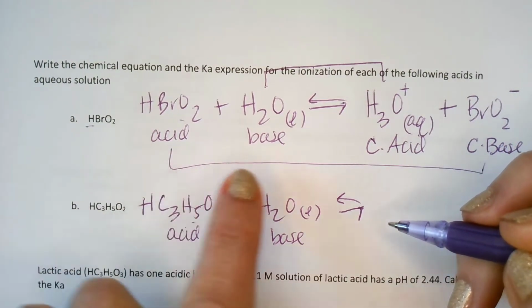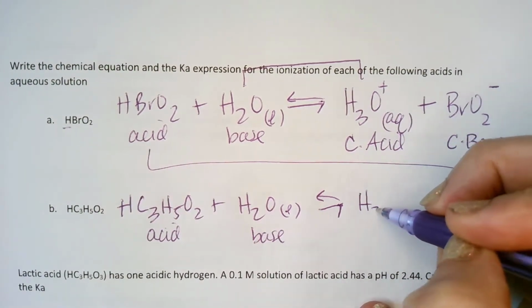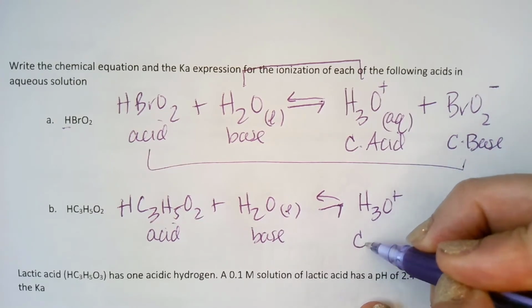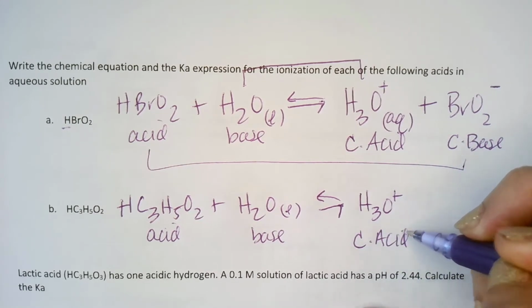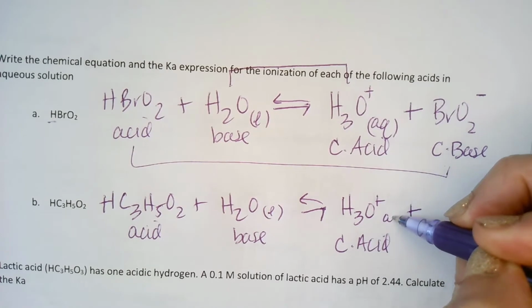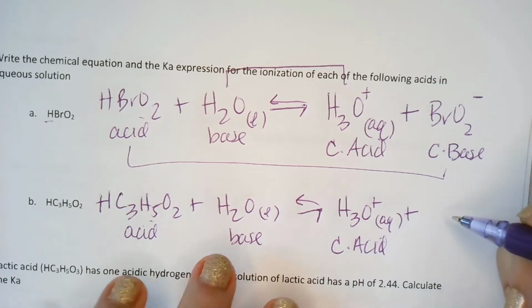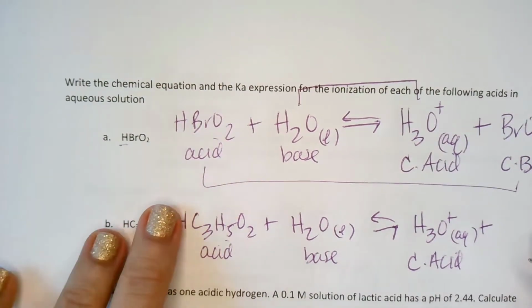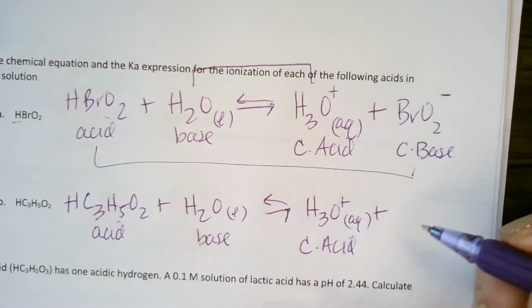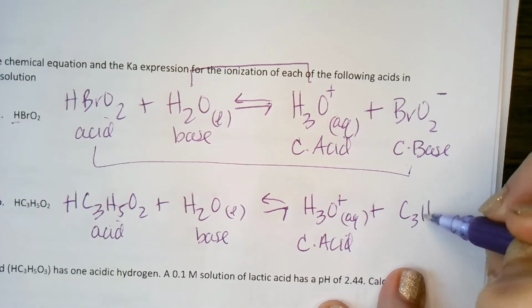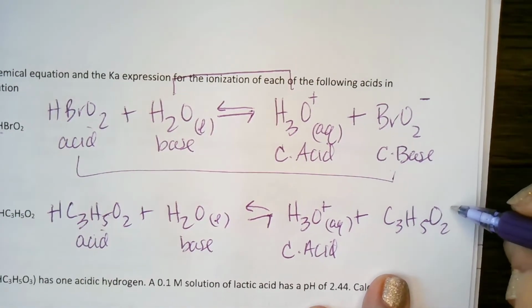We know that this H proton transfer is going to make H3O plus, so our conjugate acid, and our conjugate base, which is just going to be our acid with one less hydrogen, C3H5O2 minus.